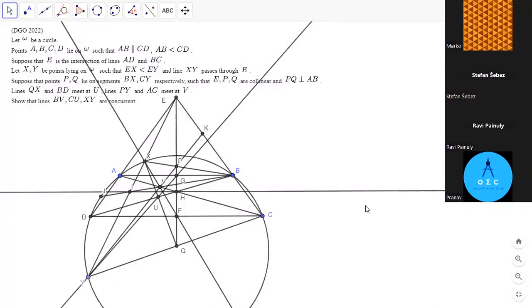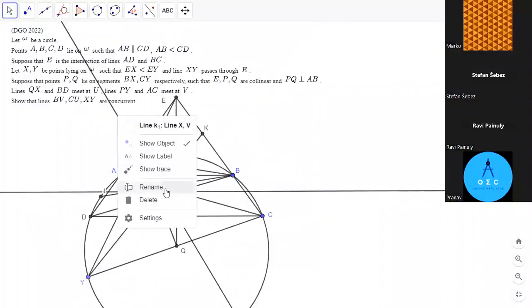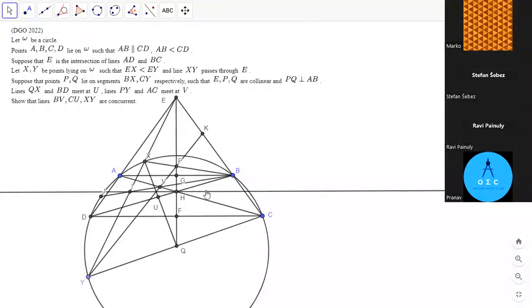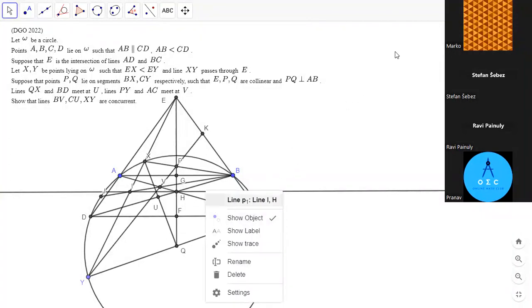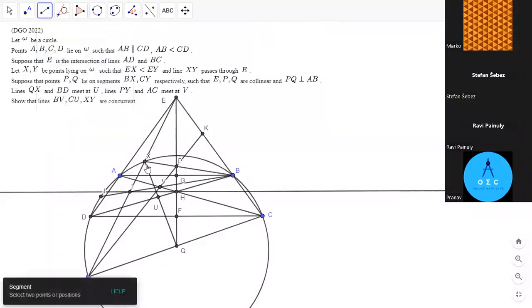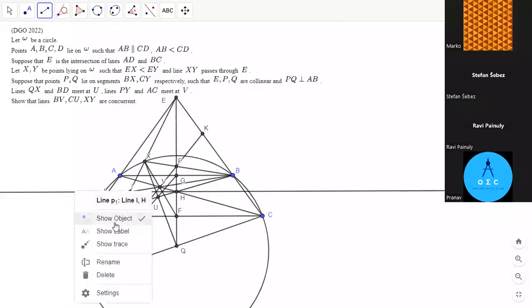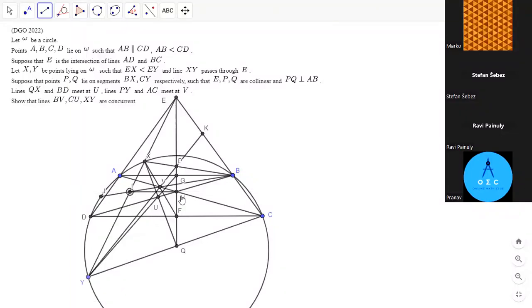Oh, because I wanted that intersection point, but okay, so YG and XF. We don't need this whole line. And those look like they also meet. So a lot of things in this diagram look true, but we still have to prove.